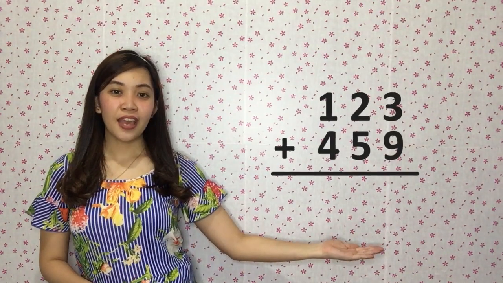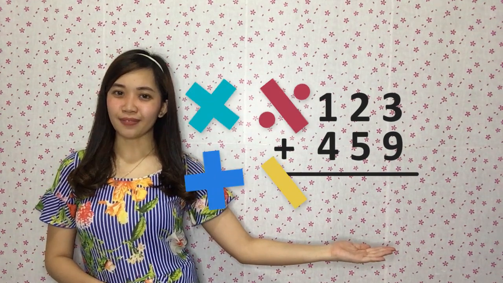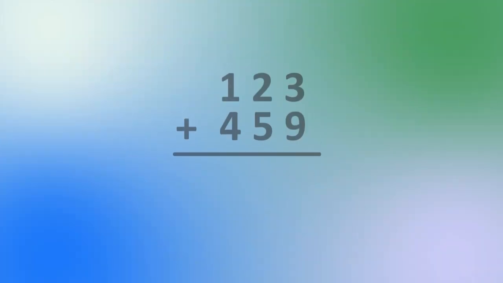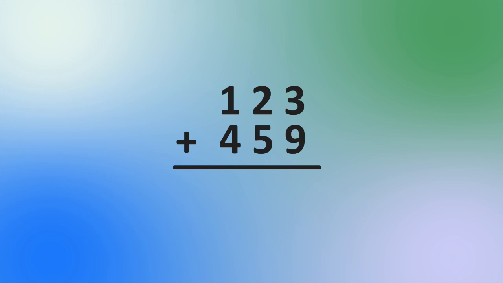Okay, let's find the sum of 123 and 459. Again, we start with the digits in the ones place. Which numbers are in the ones place value? Good job! 3 and 9. 3 plus 9 is equal to 12.